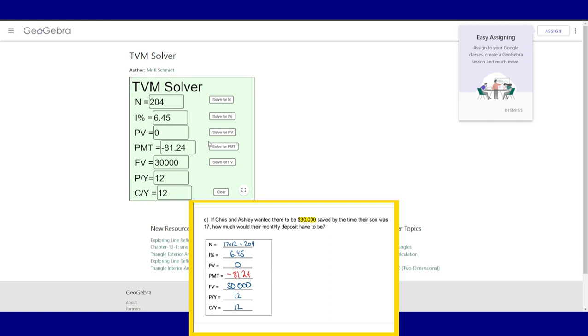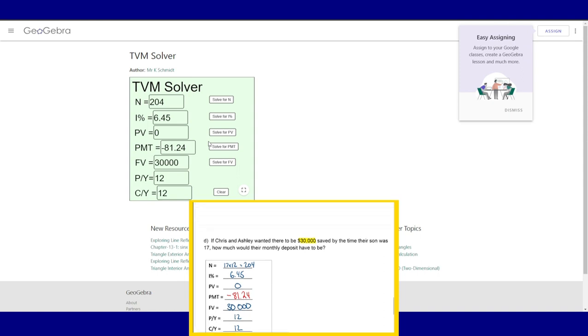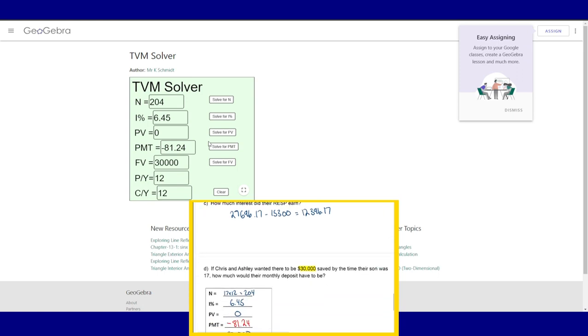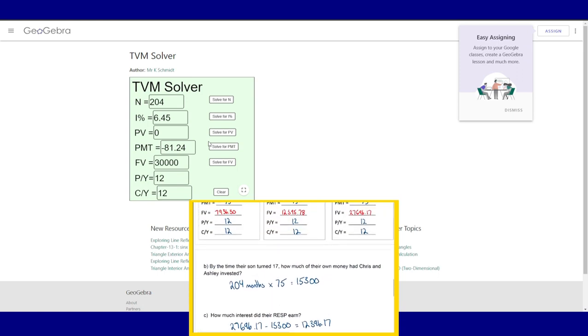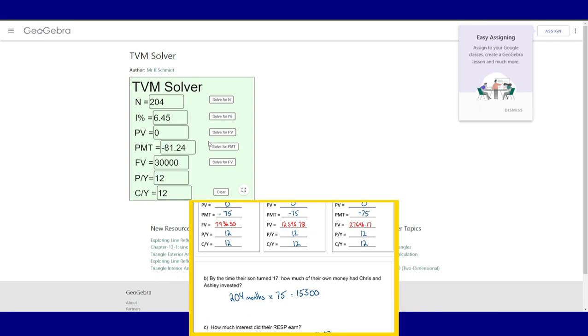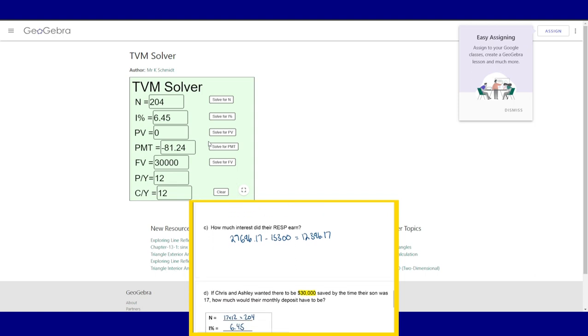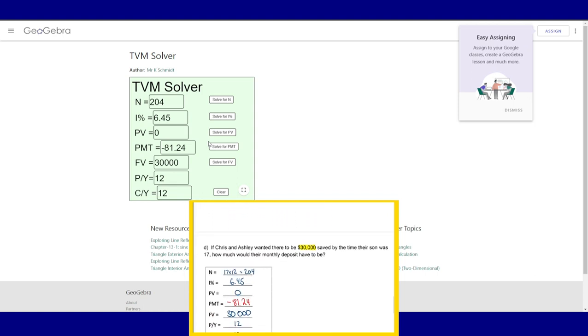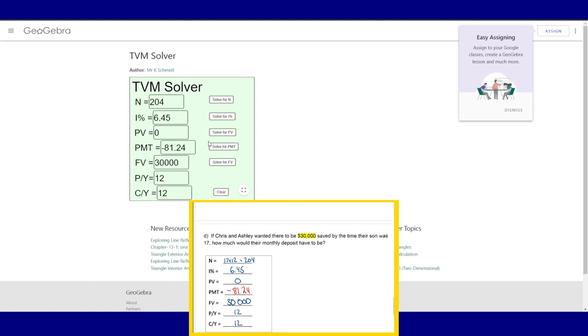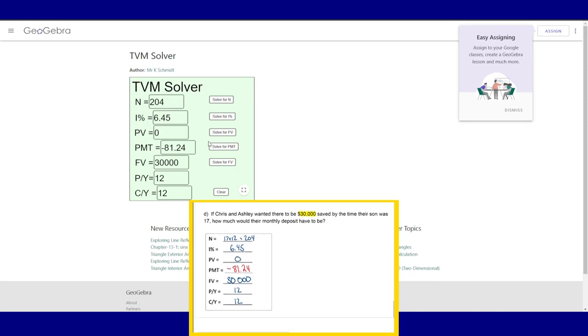So in order to have $30,000 saved, they need to increase their monthly payments from $75 to $81.24. That's not too bad if you consider you're only adding an extra $6 roughly, but you end up making close to $2,500 difference. So $6 a month works out to an extra $2,500 over the course of 17 years. So not too bad in terms of a return.